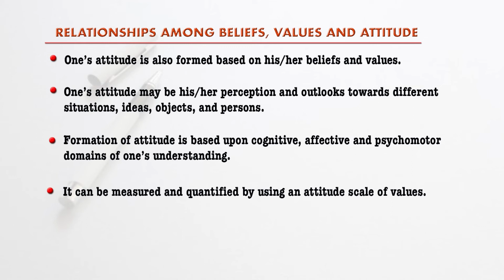I have already said that, for example, one's attitude towards the school system, towards teachers, towards different subjects, towards assessment practices in schools, towards society, towards involvement in games and sports, towards peer and group learning, etc. can be measured and quantified by using an attitude scale. So, we can measure attitude in these aspects, and in education we also use this highly.